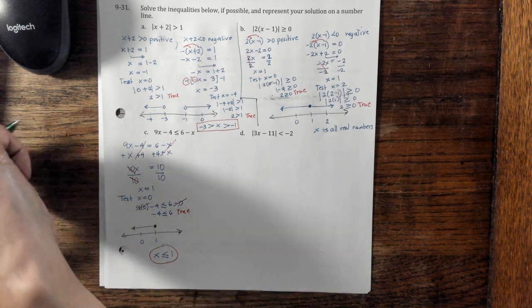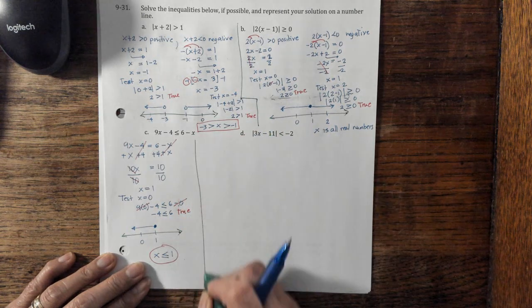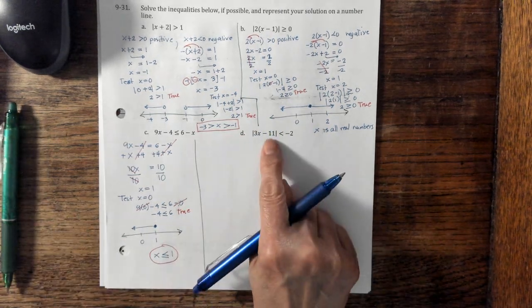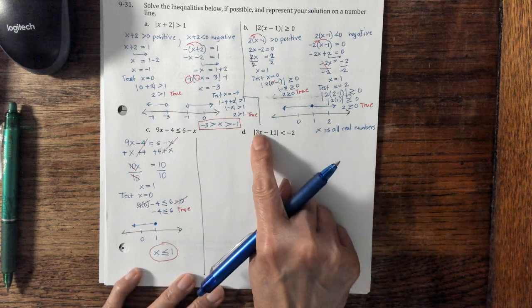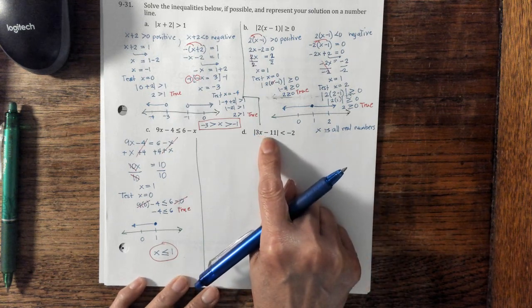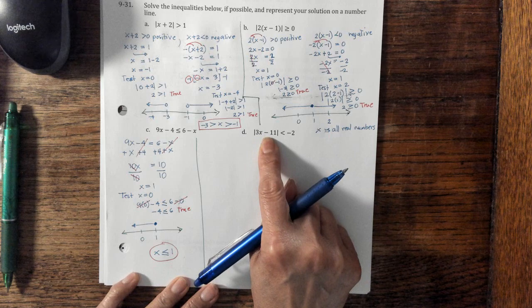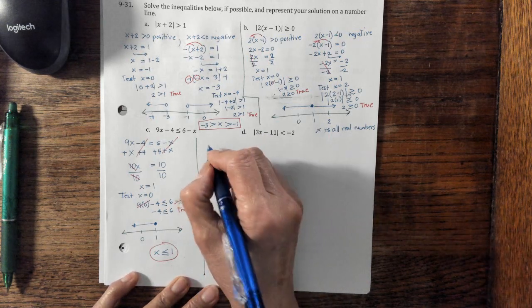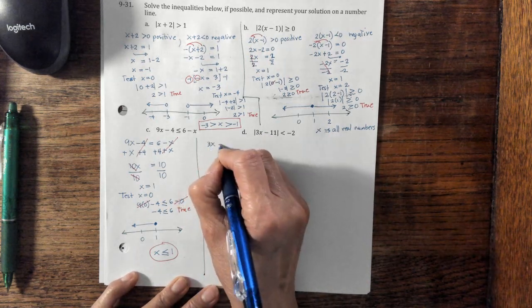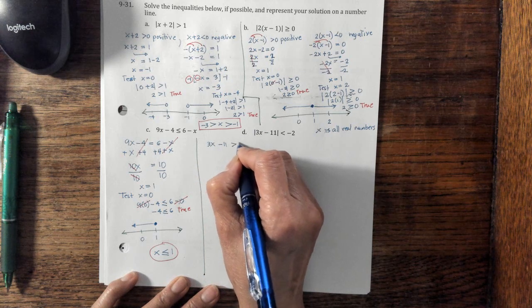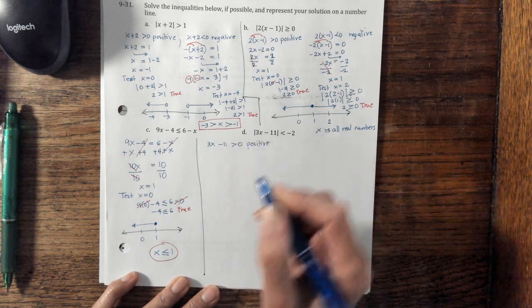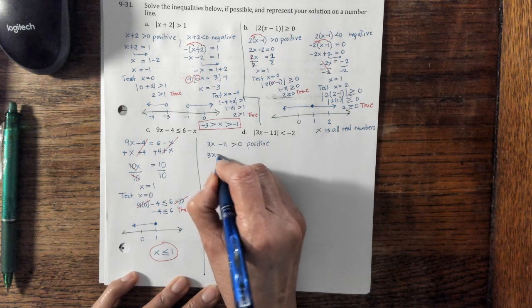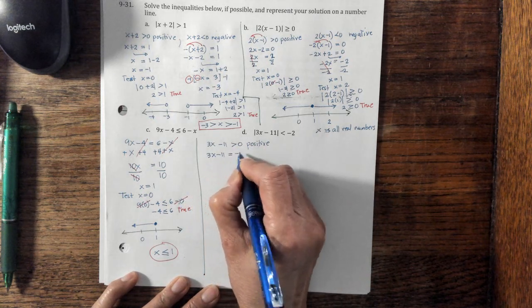Now, for letter D, let's have a division here. For letter D, again, you have an absolute value inequality. So this 3x minus 11 can be greater than 0, or positive, or less than 0, or negative. So we can write 3x minus 11 is greater than 0, or positive. So we write 3x minus 11 is equal to negative 2.